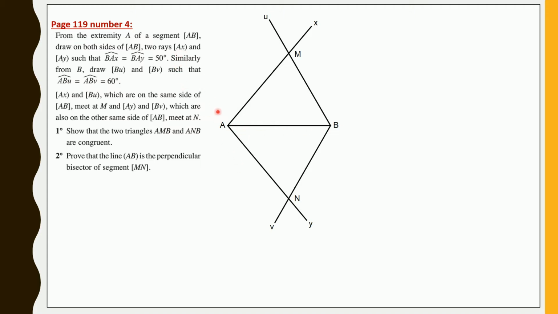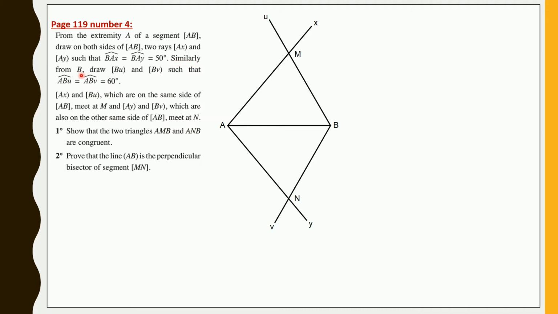For example, here I chose to draw AX above segment AB and AY below segment AB. So we draw a semiline AX such that angle BAX equals 50 degrees with my protractor, and I draw semiline AY such that angle BAY equals 50 degrees.